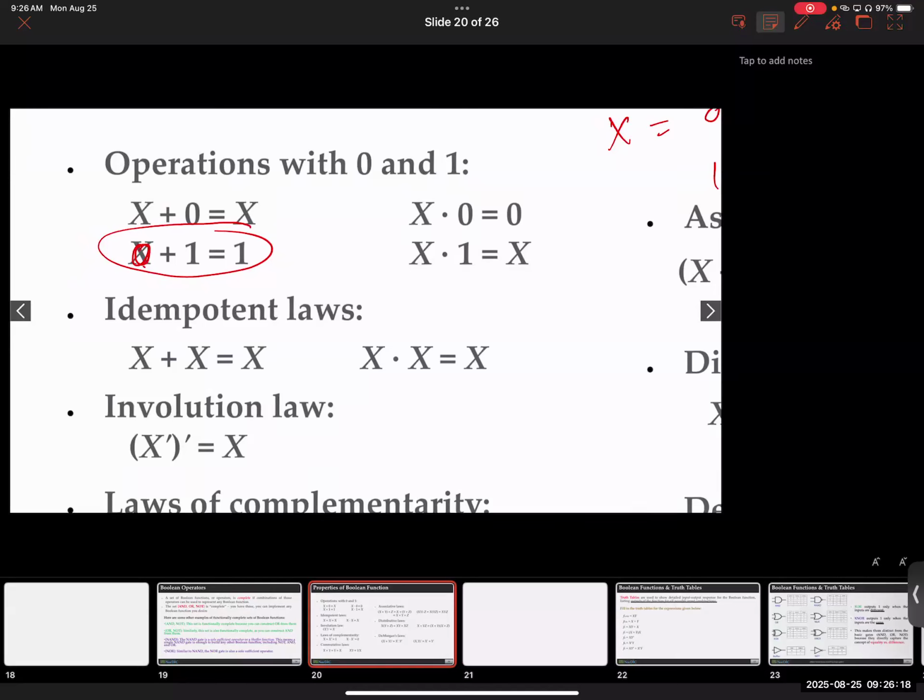Plus represents or. As I just showed you, or will always give you 1 as an output, except for the case where both operands are 0. So here, you at least have one of these operands non-zero, so the output will always be 1. Does that make sense, folks?